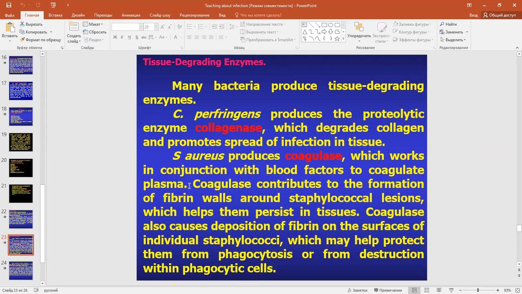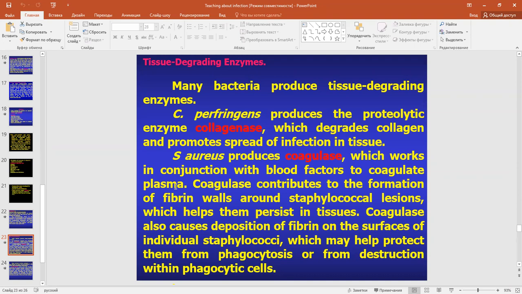Plasma is the liquid part of blood, but due to coagulase it becomes solid, and every cell of Staphylococcus aureus is covered by this coagulated plasma. So the bacteria get a false macrocapsule consisting of coagulated plasma, and they disappear.